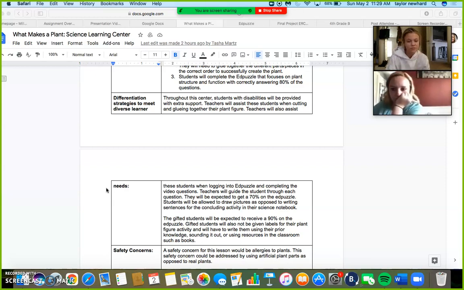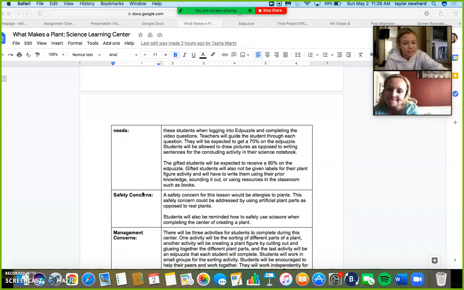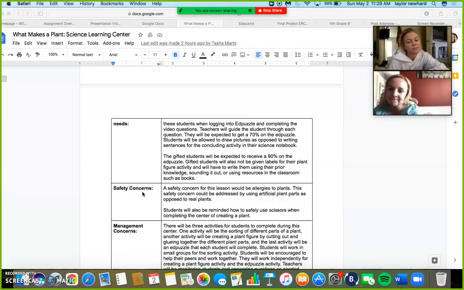And the students with special needs or ELs will be expected to get a 70% on the Edpuzzle. Students will be allowed to draw pictures as opposed to writing sentences for the concluding activity in their science notebook. And then for the gifted students, they will be expected to receive a 90% on the Edpuzzle. Gifted students will also not be given labels for their plant figure activity. They will have to write them using their prior knowledge, sounding it out, or using resources in the classroom, such as books.